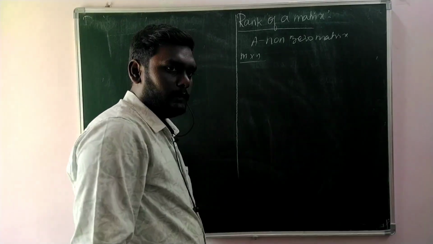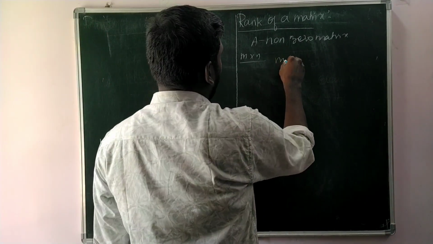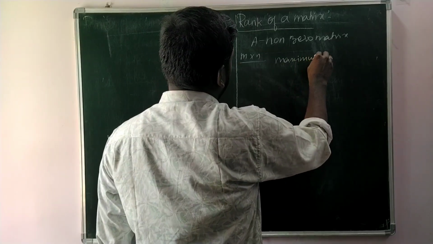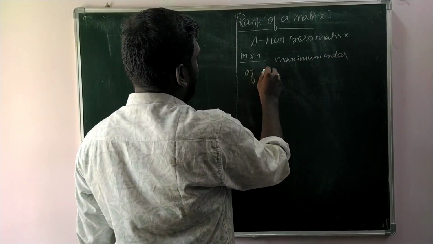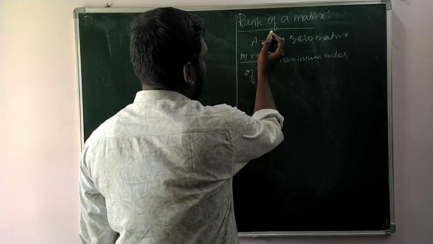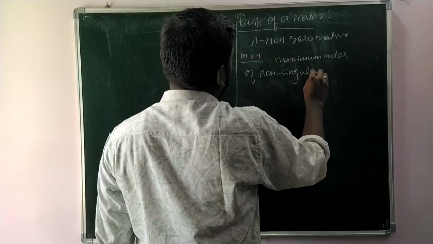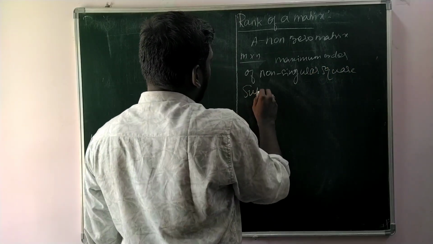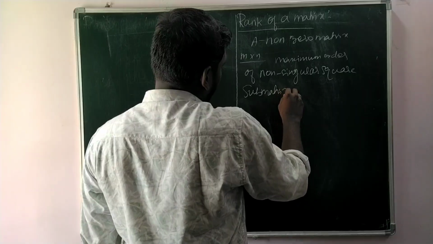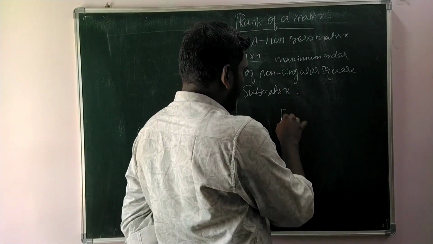The maximum order of the square submatrix that is non-singular is called the rank of a matrix.